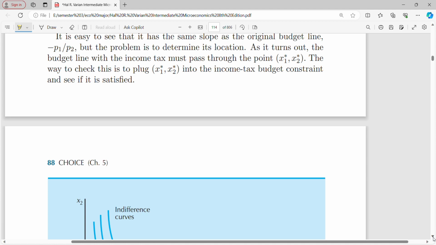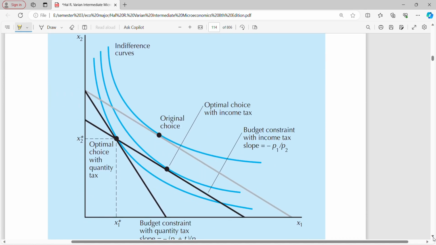Next is, the budget line with income tax must pass through the point. I'll take the diagram. In this diagram it is easy to see that it has the same slope as the budget line. This was our original choice, this gray one.